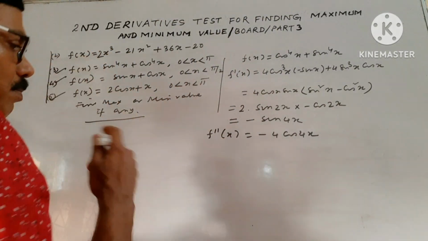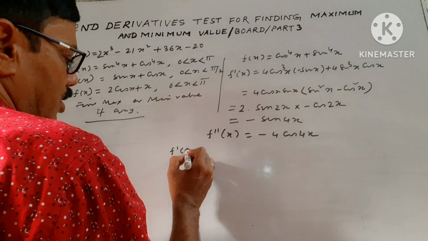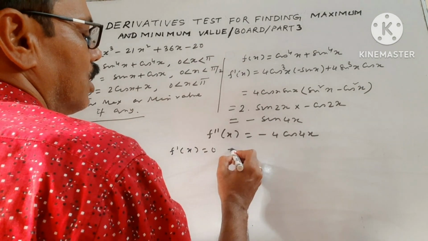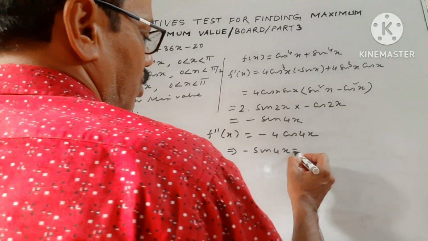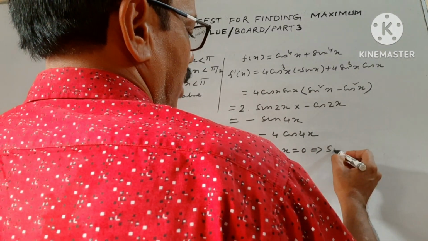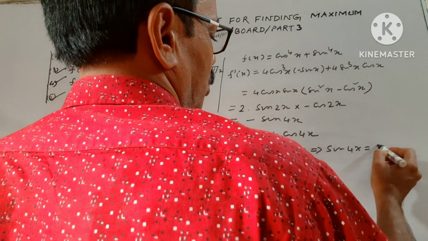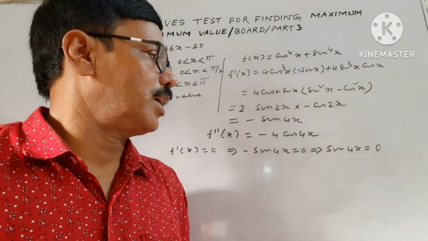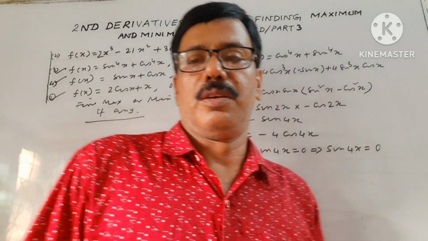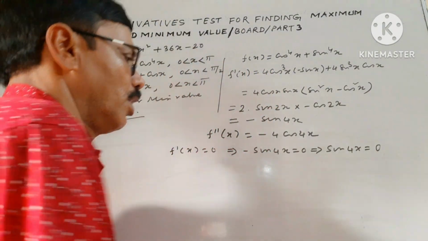Now, for an extreme value, f dash x equals 0. This implies minus sin 4x equals 0, so sin 4x equals 0. The value of sin is 0 at multiples of pi.